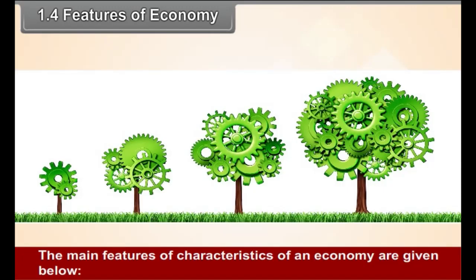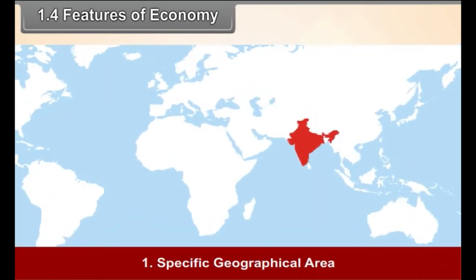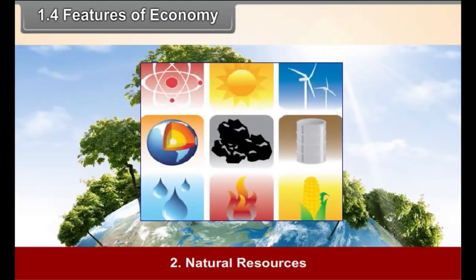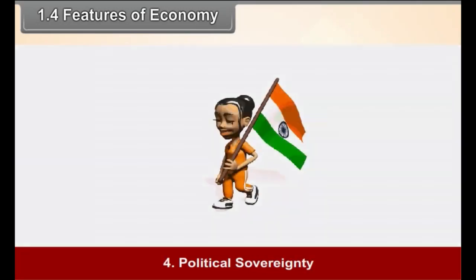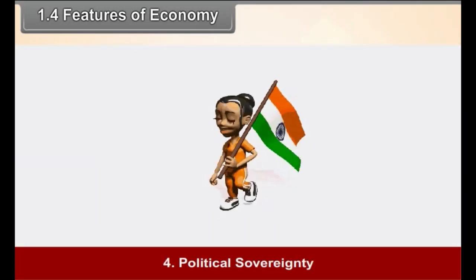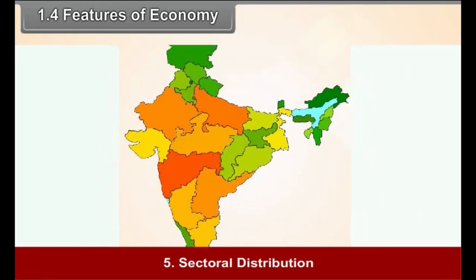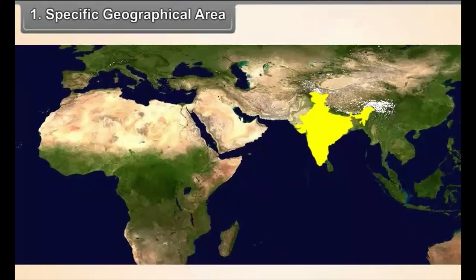1.4, Features of an economy. The main features or characteristics of an economy are given below. 1. Specific geographical area. 2. Natural resources. 3. Population. 4. Political sovereignty. 5. Sectoral distribution. 1.